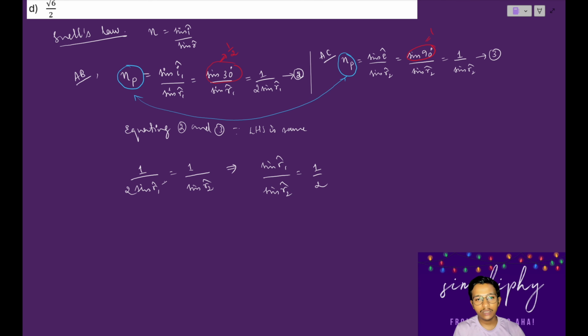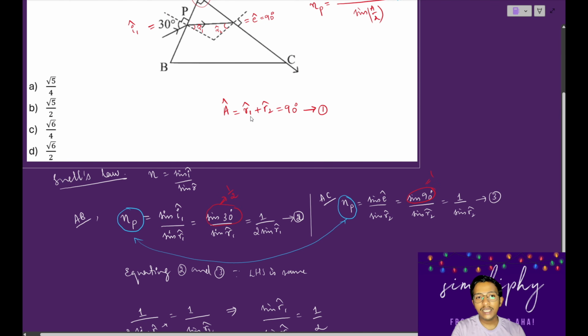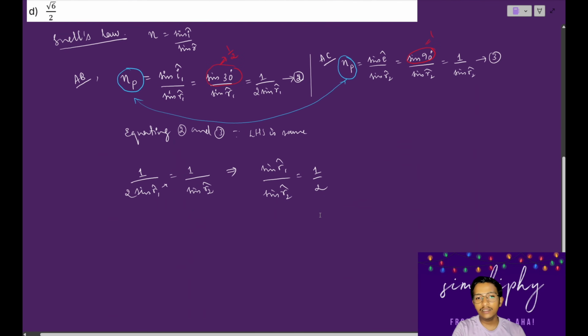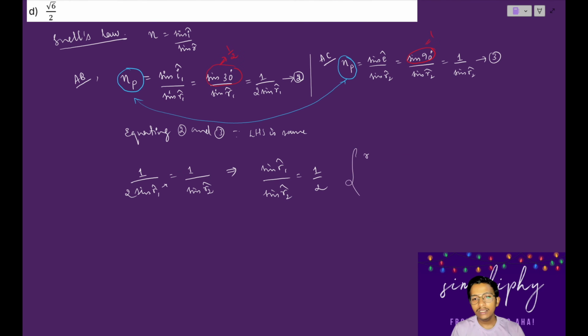I just took this out to the right hand side part. Now if you remember, in the question we had R1 plus R2 equal to 90 degree. Now I can use it here. How? R1 plus R2 equal to 90 degree, so then I can represent R1 value as 90 minus R2. So I can replace the value of R1 here as 90 minus R2. Why? You will see why.